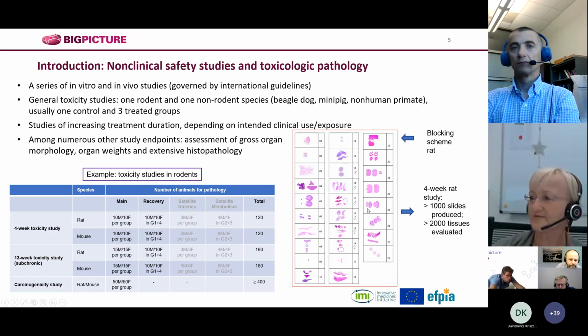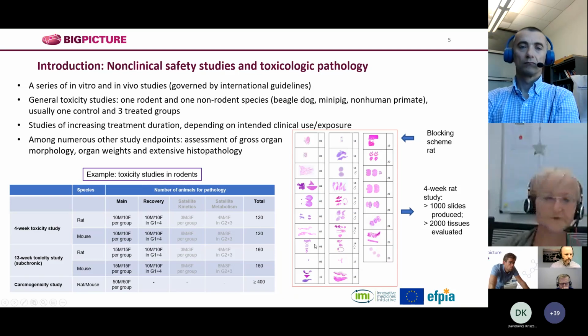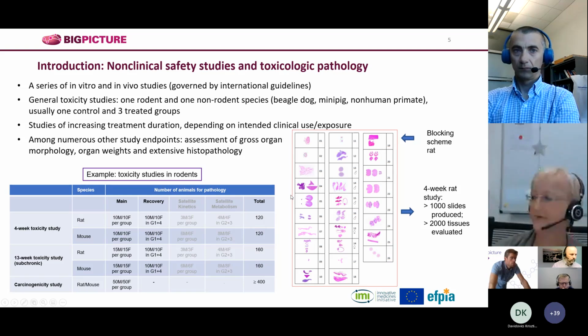But on the other hand, there are small organs, like these are different intestinal segments, which can be grouped together on one slide. Altogether, this makes something like 50 organs per animal, and we produce something like 1,000 slides for a 4-week study and have to evaluate more than 2,000 tissues in such a study.